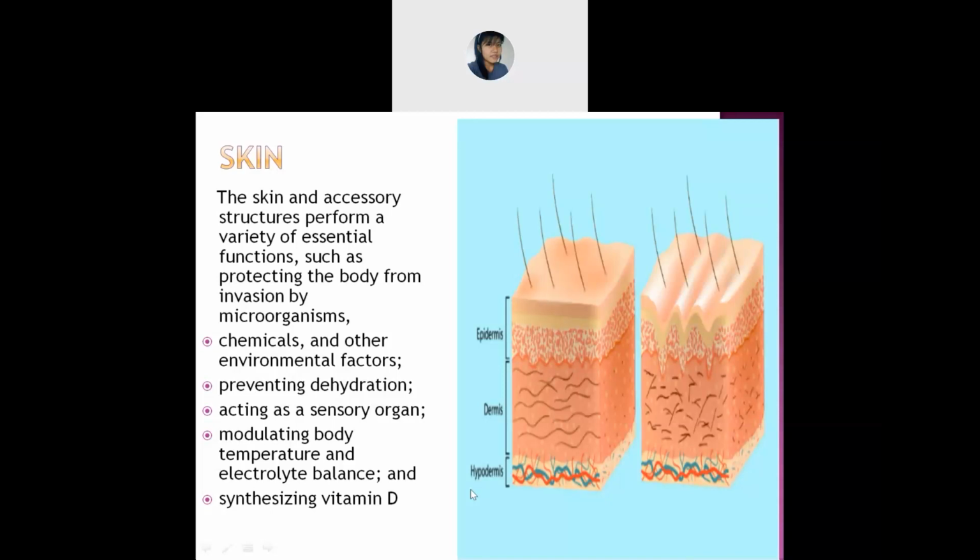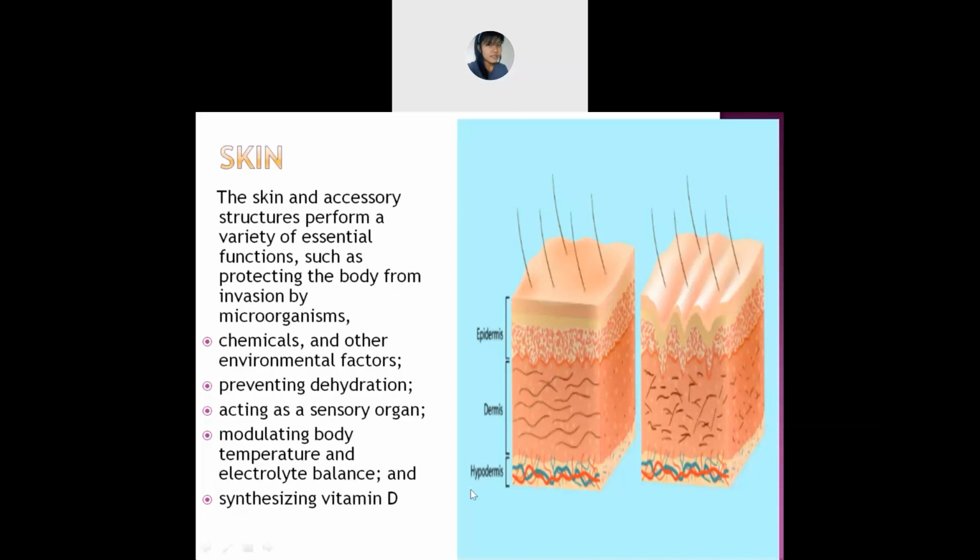The skin helps us stay hydrated so that we won't become dehydrated. Dehydration means fluids, ions, and so on are lost from your body. The skin prevents us from that.